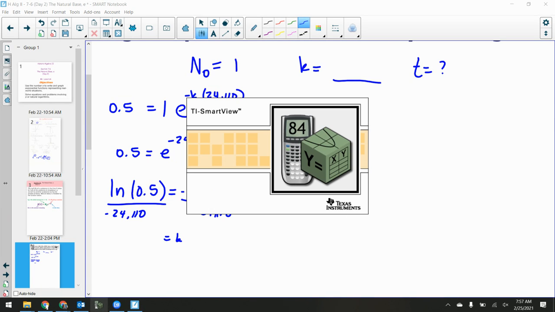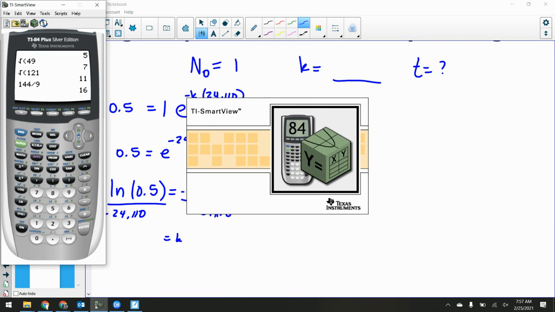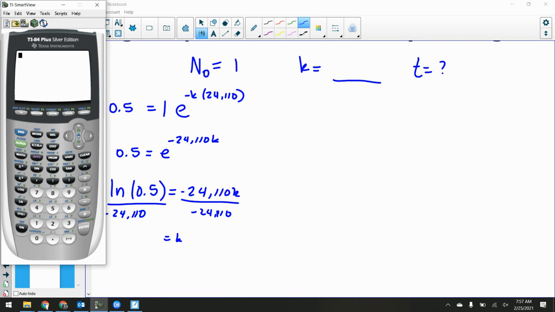So we go ln of 0.5 divided by negative 24,110. That's our decay constant. Really small number. That's our k value.